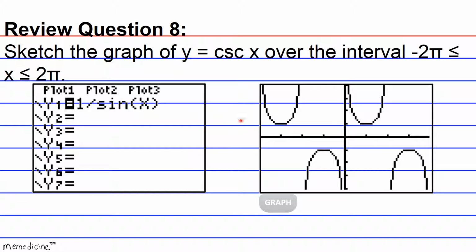So by pressing graph, you're going to see the cosecant function, similar to what we had earlier. So what you want to do is just mimic this graph, find out where the minimums are for these concave up curves, find out where the maximums are for these concave down curves, and also find out where you have vertical asymptotes, okay?